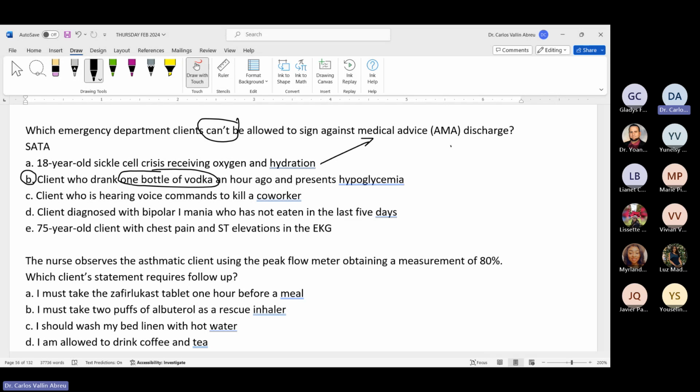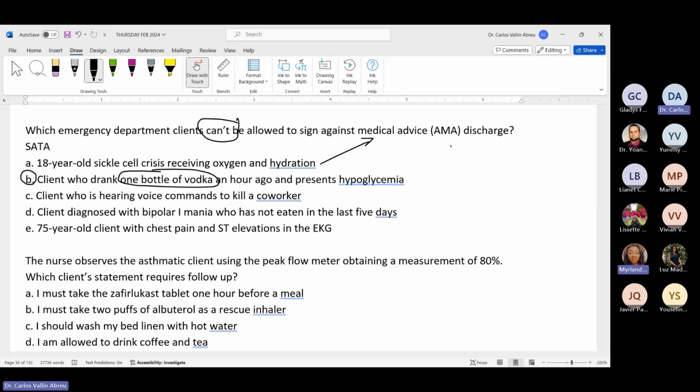So this client cannot leave until recovering from the alcohol intoxication and from the hypoglycemia. The brain is not in capacity of making this decision. We cannot allow this client to leave.